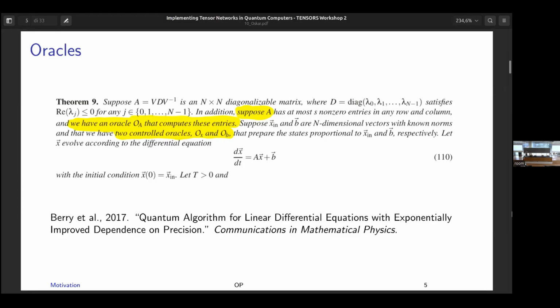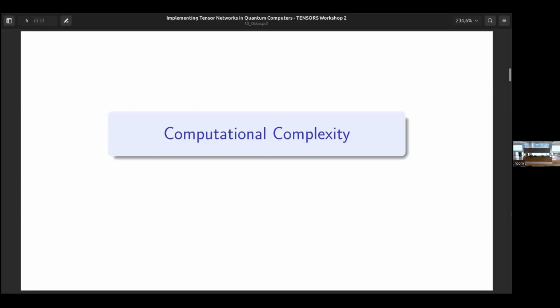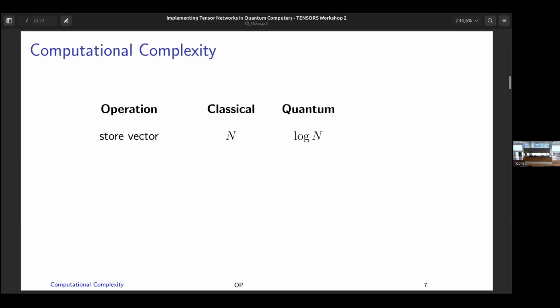So let's talk a bit about computational complexity and why we think that we can solve differential equations on a quantum computer in a faster way. The first idea is that we can store vectors on a quantum computer with an exponential advantage.